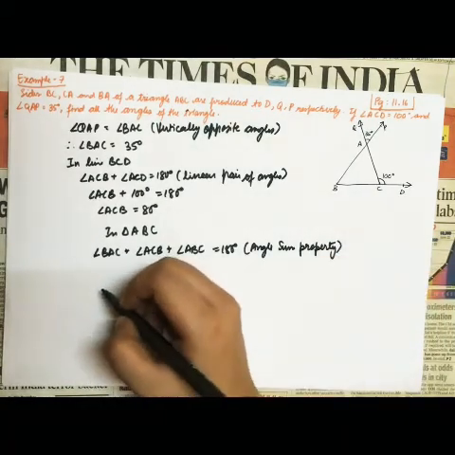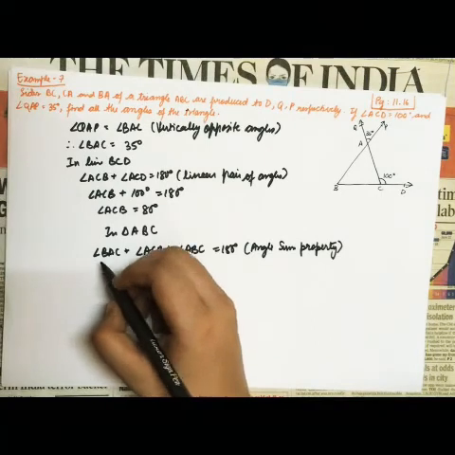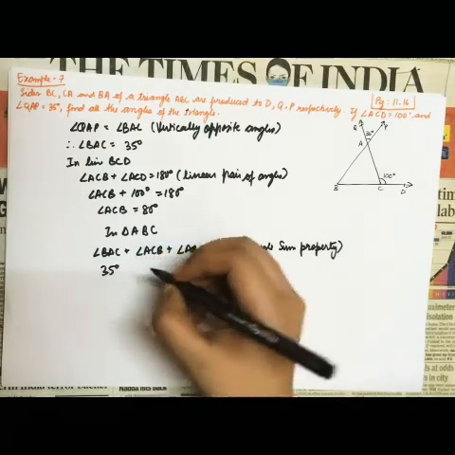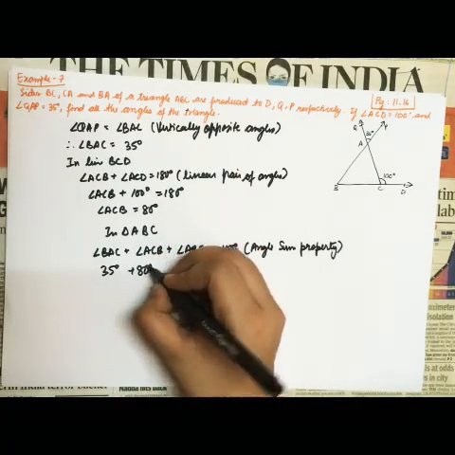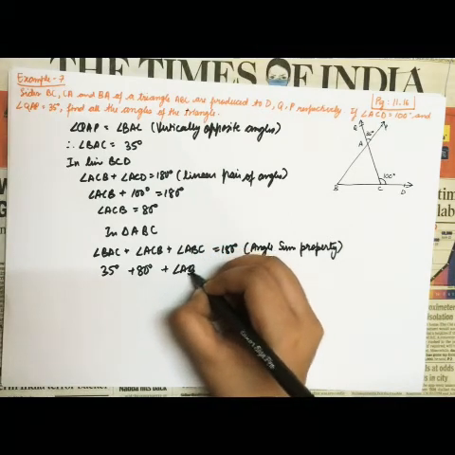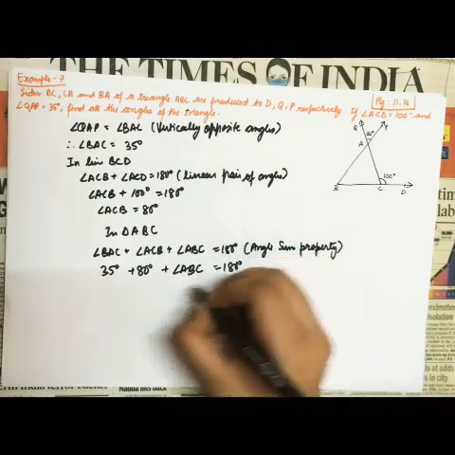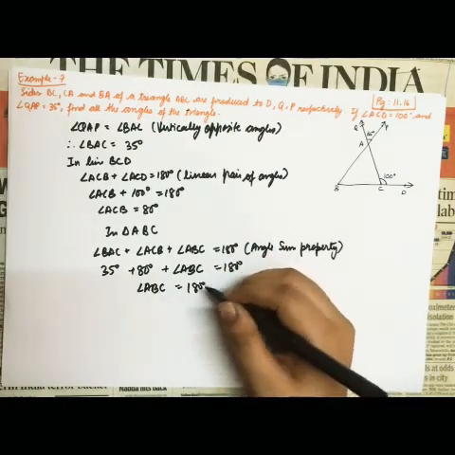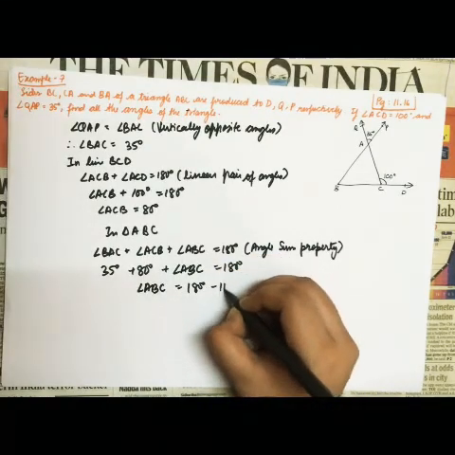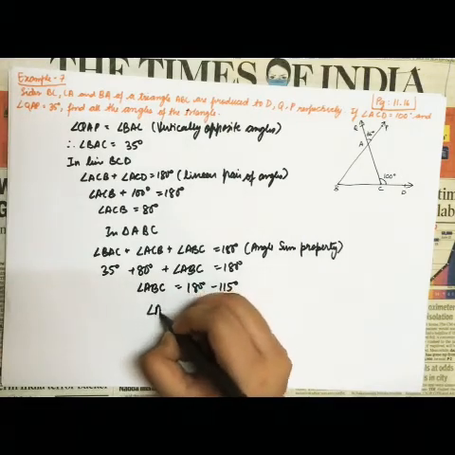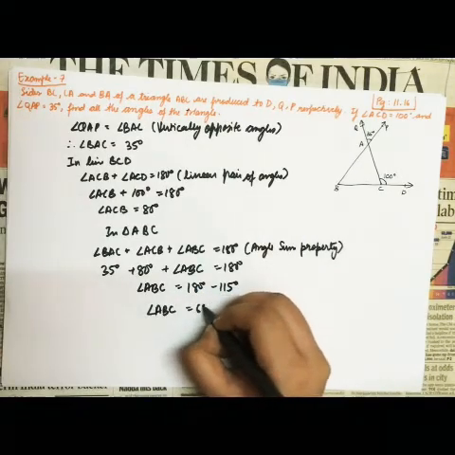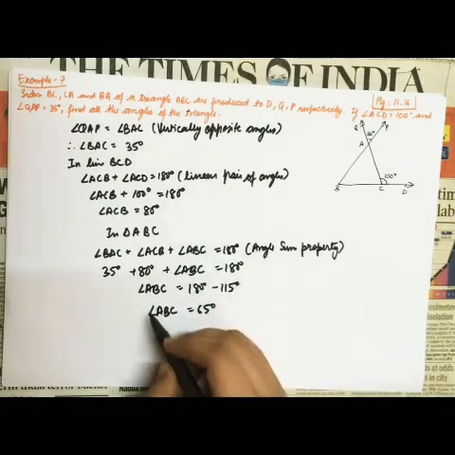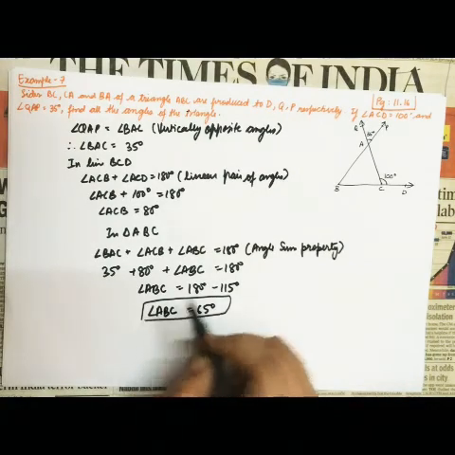Now angle BAC is 35 degrees, angle ACB is 80 degrees, angle ABC is equal to 180 degrees minus 115 degrees. Therefore angle ABC is equal to 65 degrees. Hence these are the angles.